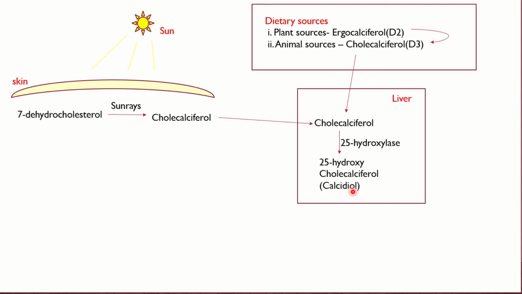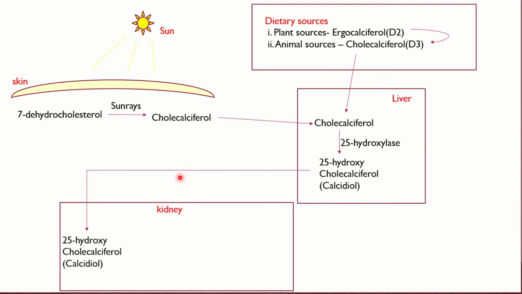So the 25-hydroxy cholecalciferol is transported to the kidney. In the kidney, or to be exact, in the proximal convoluted tubules of the kidney, this compound is acted upon by the enzyme 1-alpha hydroxylase. This enzyme adds one hydroxy group at carbon number 1 or the alpha carbon, hence the name 1-alpha hydroxylase.